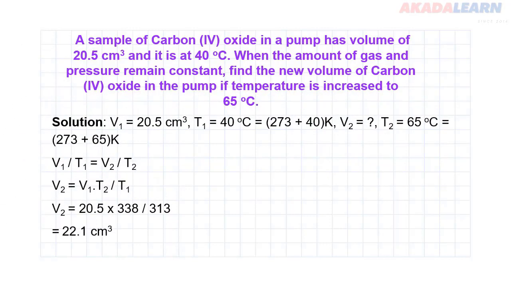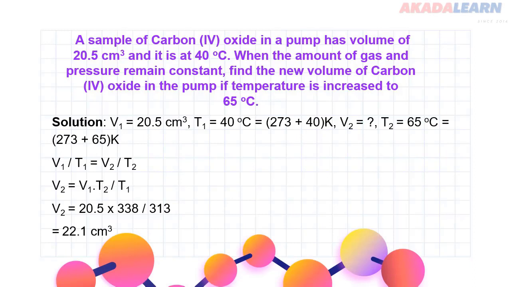Now let's take a look at the solution. We bring out our values. The first volume V1 is 20.5 cm cubed, while the first temperature is 40 degrees Celsius, which we're going to convert to Kelvin by adding 273 to it. The second volume is unknown, that's what we're supposed to calculate, while the second temperature is 65 degrees Celsius, which of course we're going to convert to Kelvin by adding 273 to it.